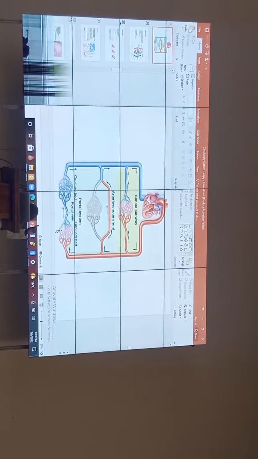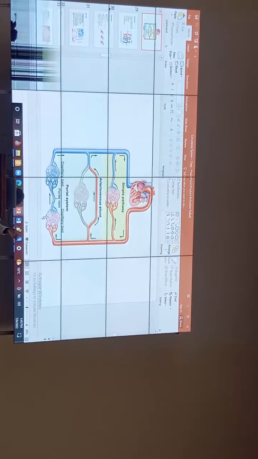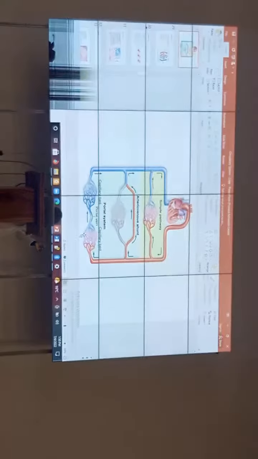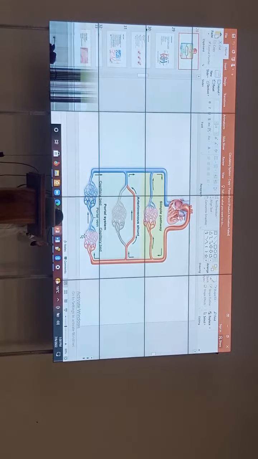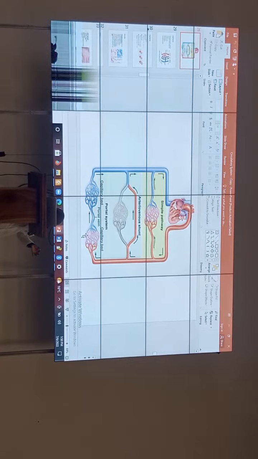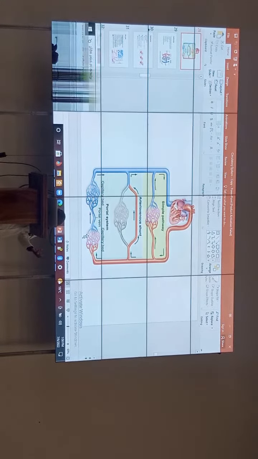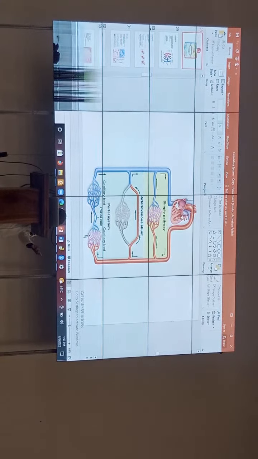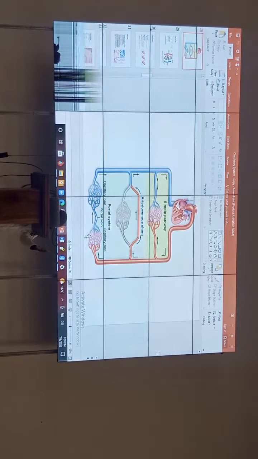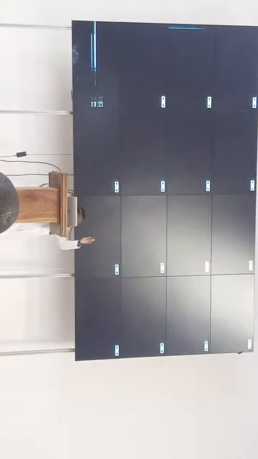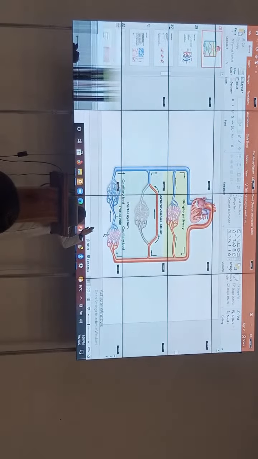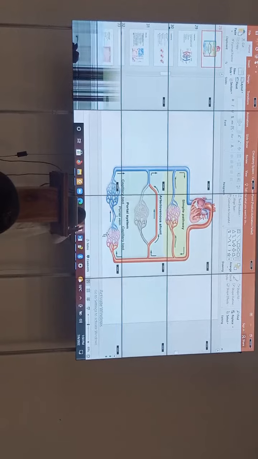Is that clear? And during the time when the atrioventricular valves, both the right and the left, are closed, and it is the time when the heart is contracting, what do you think will happen to the aortic valve and the pulmonary valve? They should open to allow blood to do what? To flow into the pulmonary trunk and the aorta.